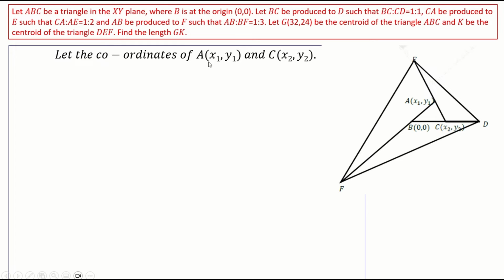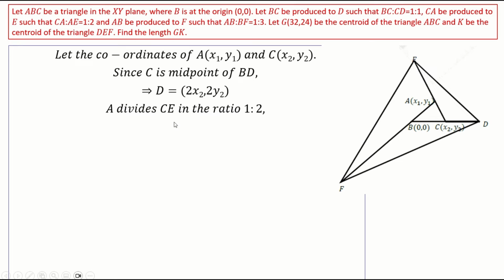So let A and B coordinates be x1, y1 and x2, y2. C is the midpoint of BD. So D has to be, if B is x2 comma y2, then D has to be 2x2, 2y2, right? Because this is a 1 is to 1 ratio. Similarly, A divides CE in a 1 is to 2 ratio.